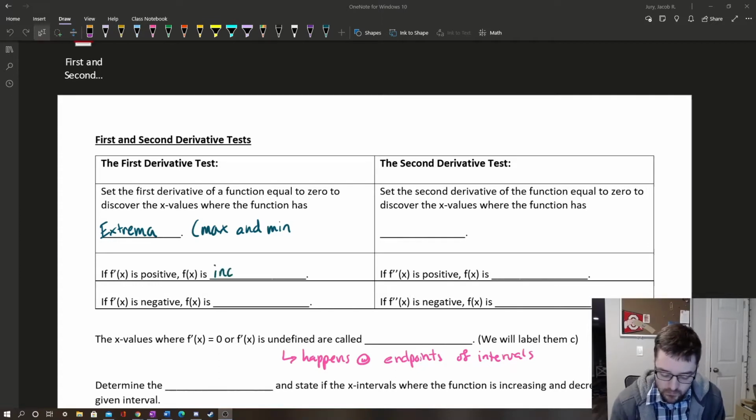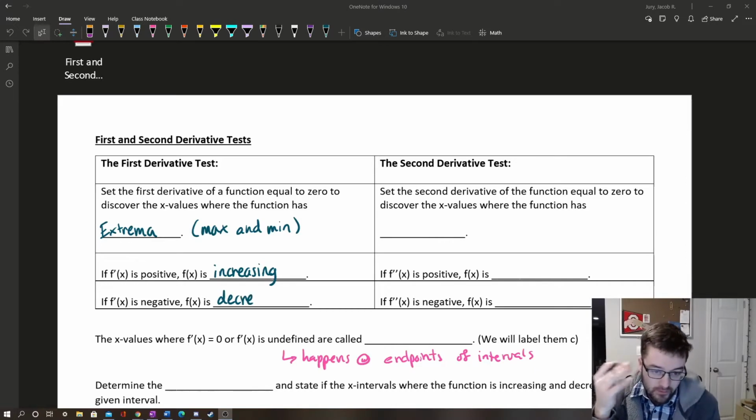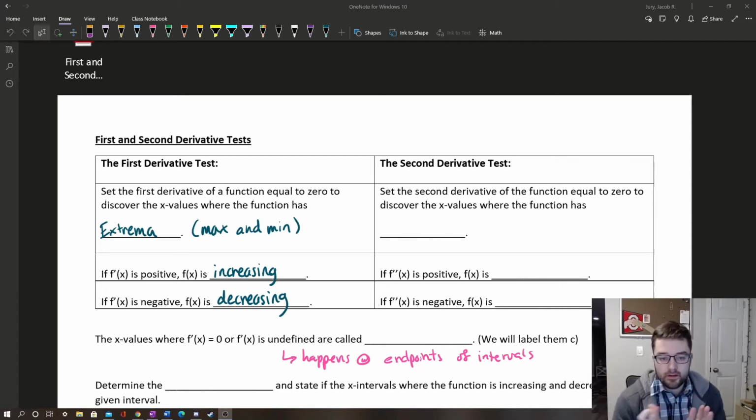And if f prime of x is negative, it's going to be decreasing. So our extrema, the max and mins, are going to help us figure out how to split up our intervals on whether or not something is increasing or decreasing.